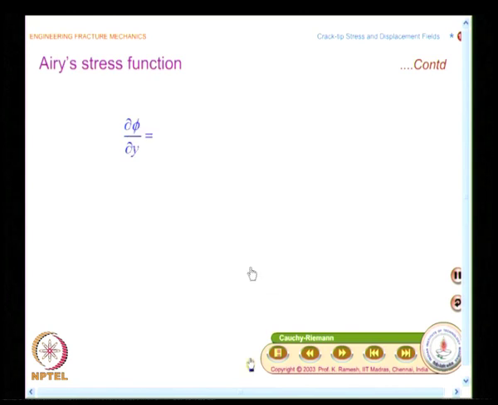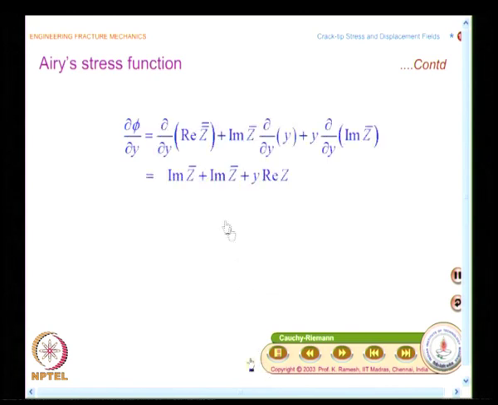So, that is the problem that was there in that equation. So, this is wrong. So, when I refer the Cauchy-Riemann conditions, that becomes minus, and what is the advantage? This gets cancelled and your dou phi by dou y is simply y real part of z, as simple as that.